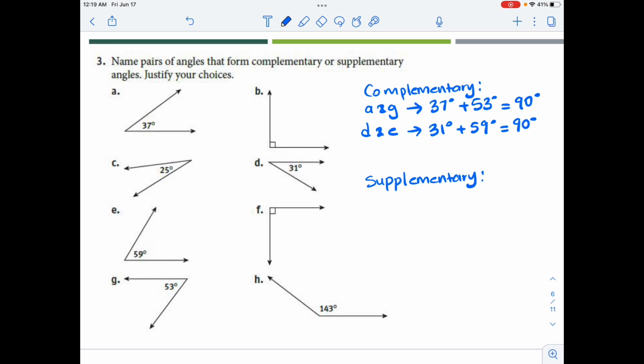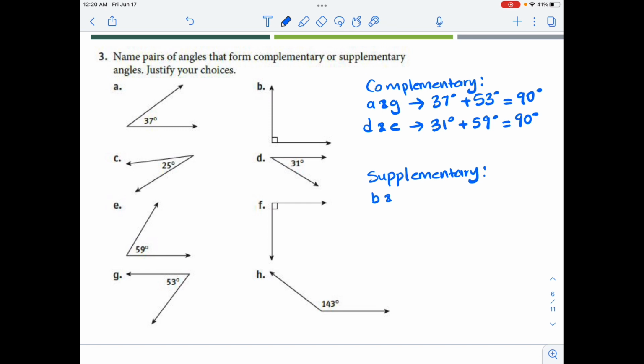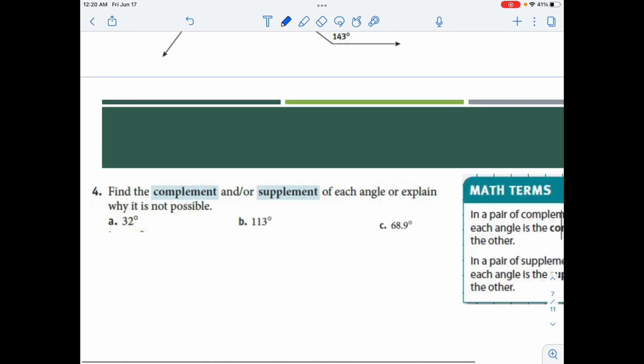So B and F, and we said A and H. Okay, well done. Let's move on to the next question.